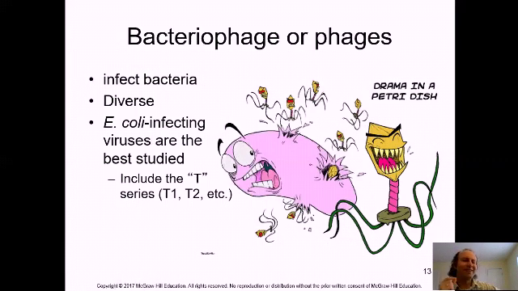This is quite different. This T virus attacks the bacteria. And E. coli is the most common bacteria that we all have in our guts. But there are some strains that cause terrible diseases.